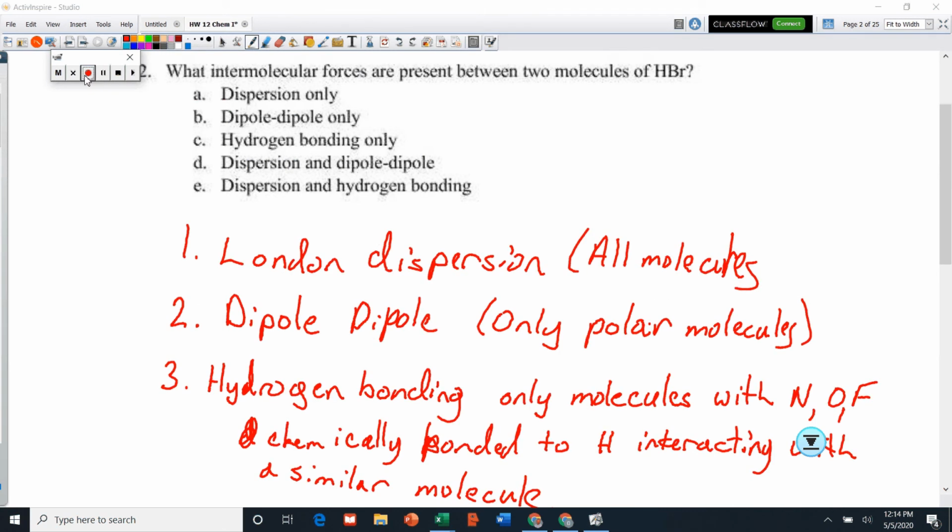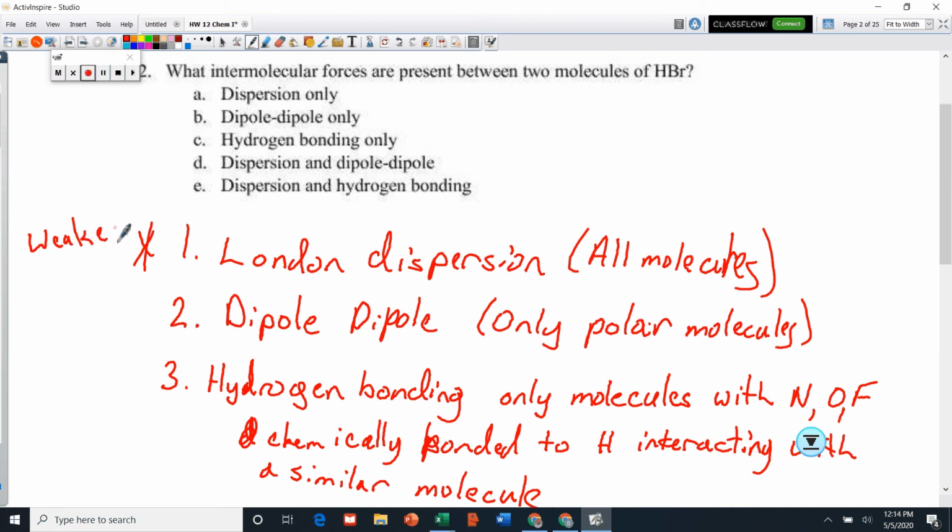All molecules experience London dispersion, so you will always have London dispersion forces. These are the weakest of the three intermolecular forces.